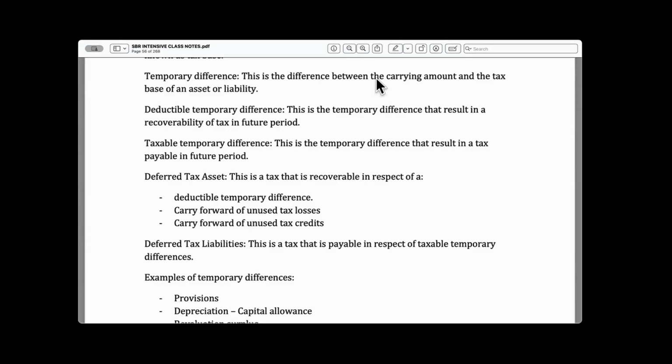Yes, cash settled, the intrinsic value. Because you know that for cash settled, what goes to P&L, we usually measure cash settled based on the fair value of the option at each reporting date.